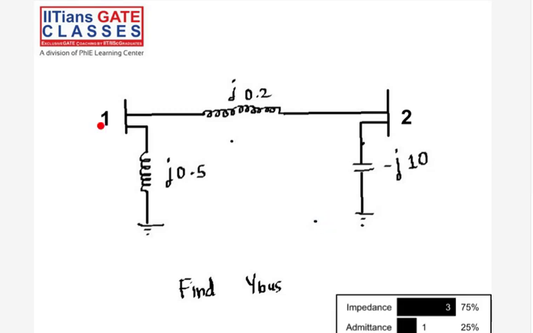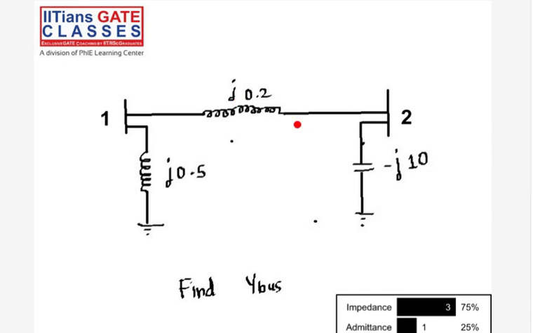So it's actually impedance. Because if you see the value corresponding to a reactor or inductance is positive, and the value corresponding to a capacitor is negative. If you go back to that table we made, you will find that that is for impedance.